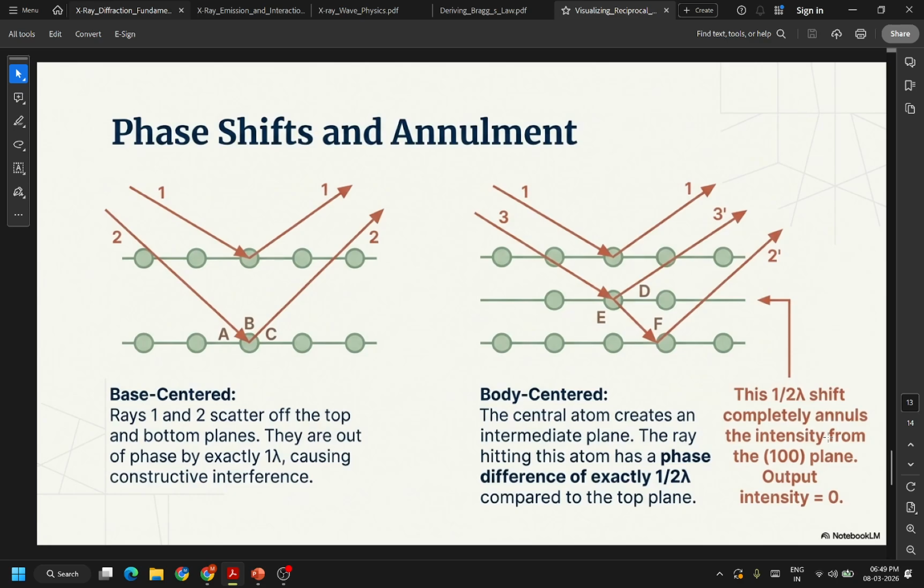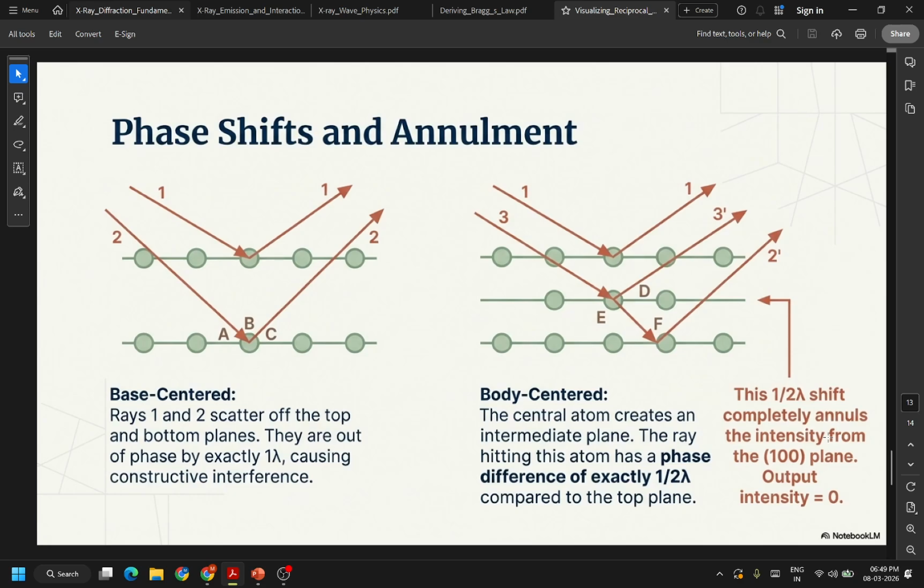In base centered, ray 1 and 2 scatter from the top and bottom planes, and they are out of phase by exactly 1 lambda, which causes constructive interference. But in body centered, the central atom creates an intermediate plane, and the ray hitting this atom is at a phase difference of exactly half lambda, which is exactly opposite.